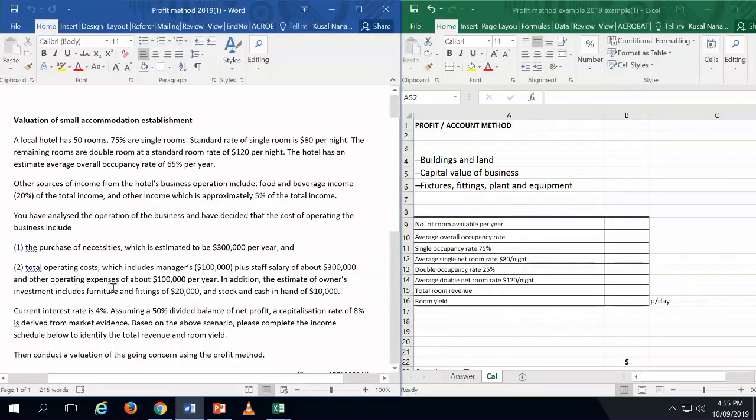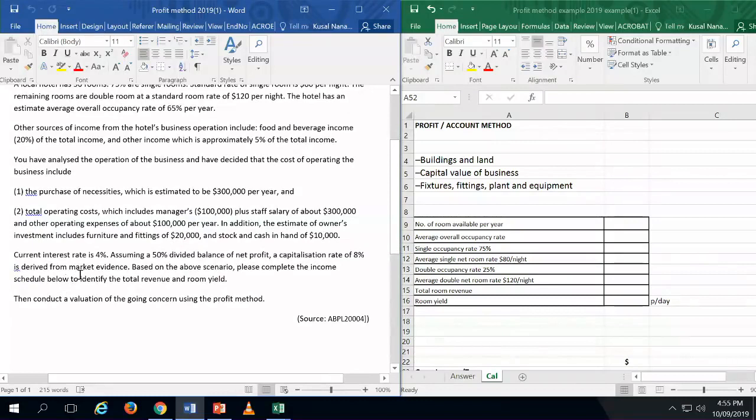And other operating expenses about $100,000 per year. In addition, the estimate of owner's investment includes furniture and fittings of $20,000 and stock and cash in hand is $10,000. Current interest rate is 4%, assuming 50% divisible balance of net profit. A capitalization rate of 8% is derived from market evidence.